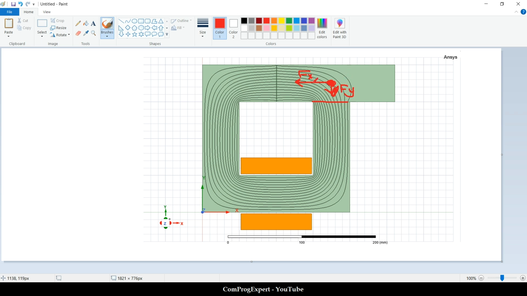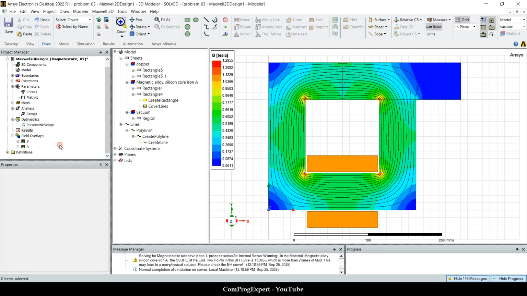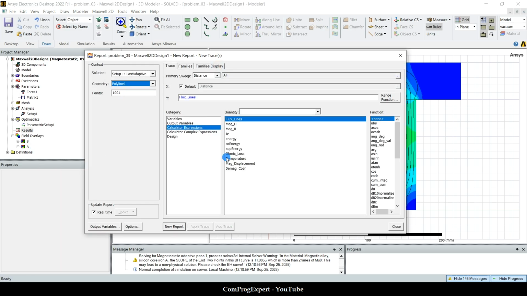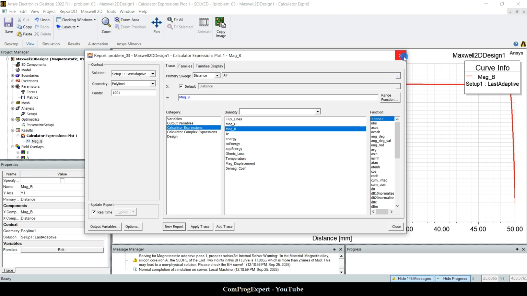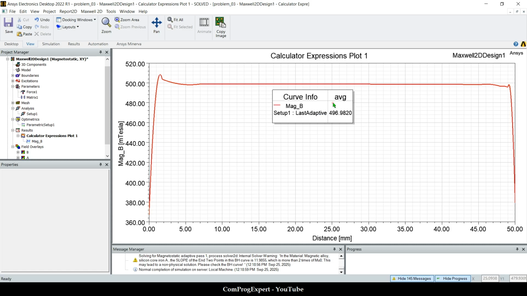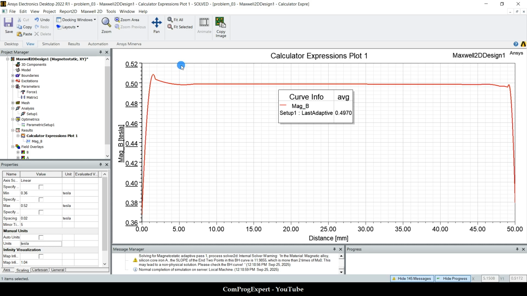Okay, so we calculated Fx in the right problem, this parameter. So in this case, let's plot the field reports, the polyline 1, magnitude of the B. What is the average value? Is this millitesla or 0.5 Tesla? If we change the unit here, 0.5.